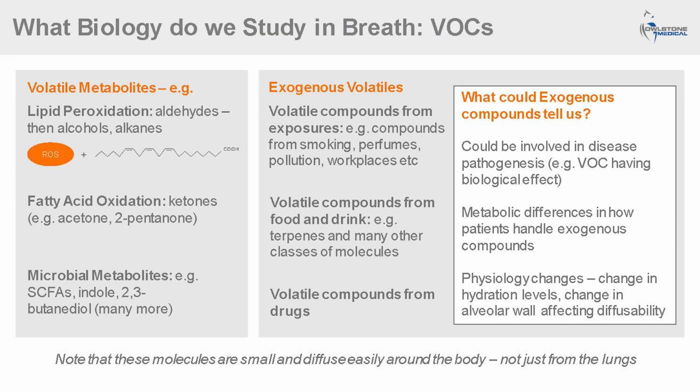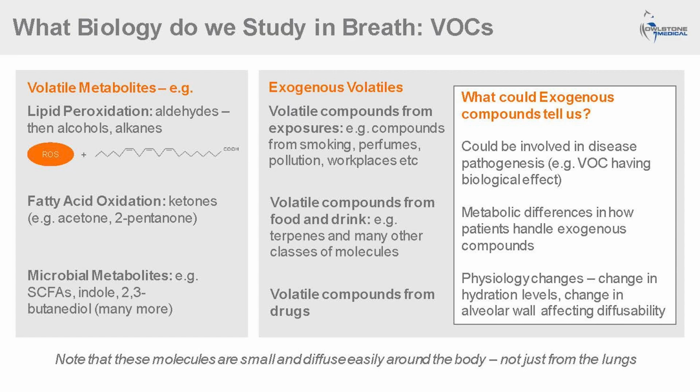Fatty acid oxidation can generate ketones such as acetone and maybe also 2-pentanone. And then we also have VOCs generated by microbial metabolism, such as short-chain fatty acids, indole or 2,3-butanediol, and several other metabolites that we will see later.